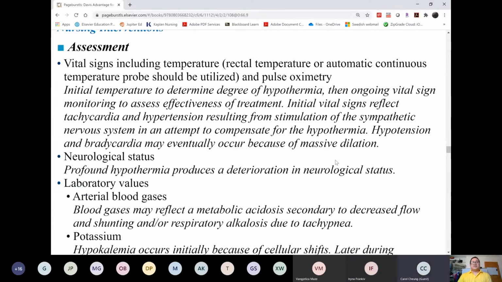Sorry. So the patient, what will happen to your heart rate? Going back to dysrhythmias last semester, what are the causes of sinus tachycardia and sinus bradycardia? Which one was caused by hypothermia?